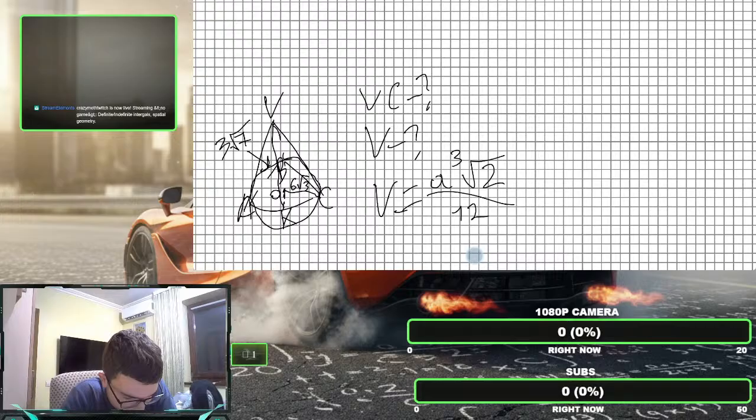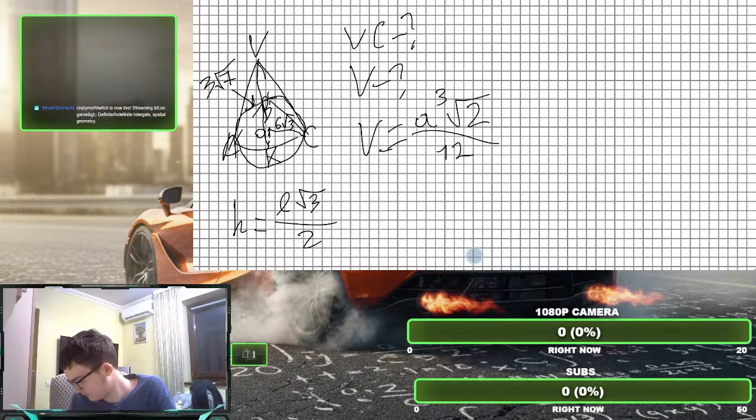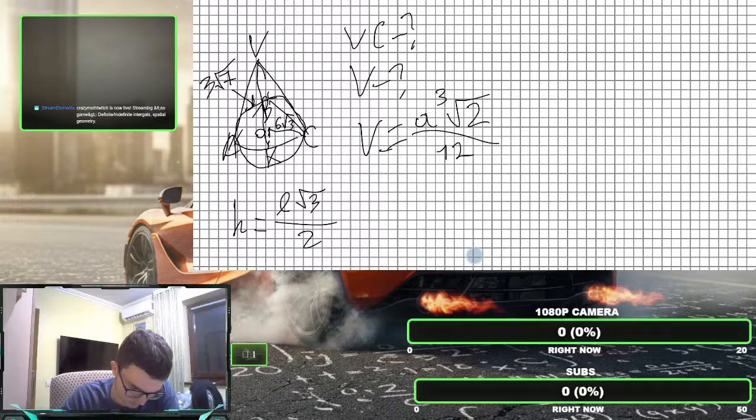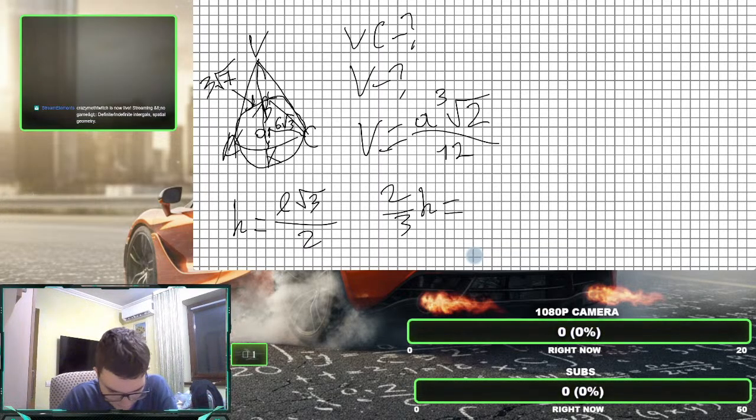So height is this formula, which I do have. 2.3 height equals with 6 square root of 3.